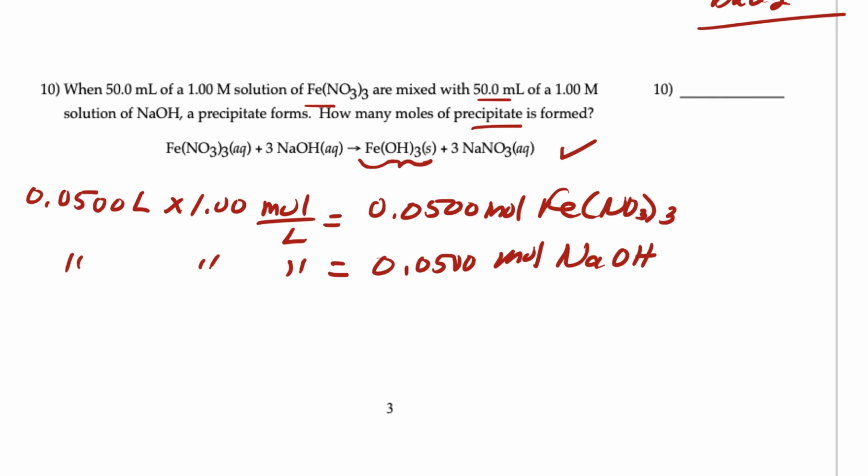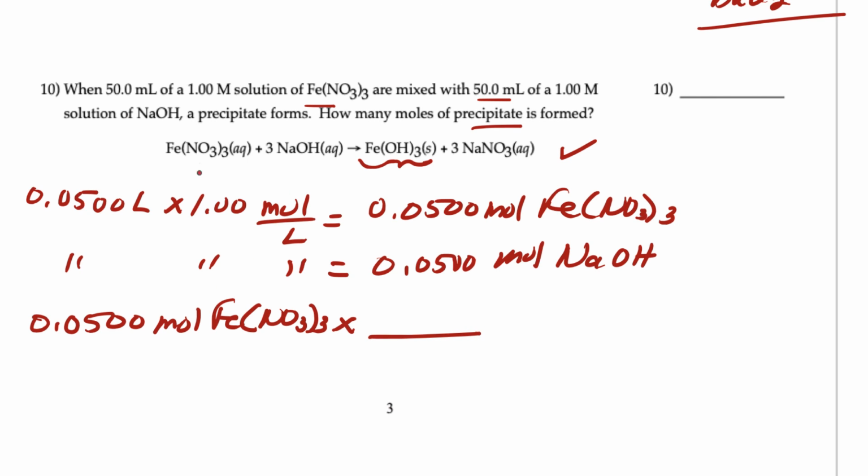So let's start with the 0.05 moles of iron 3 nitrate. If we were to react all of this, we go to the equation: 1 mole of iron 3 nitrate will produce 1 mole of the iron 3 hydroxide.